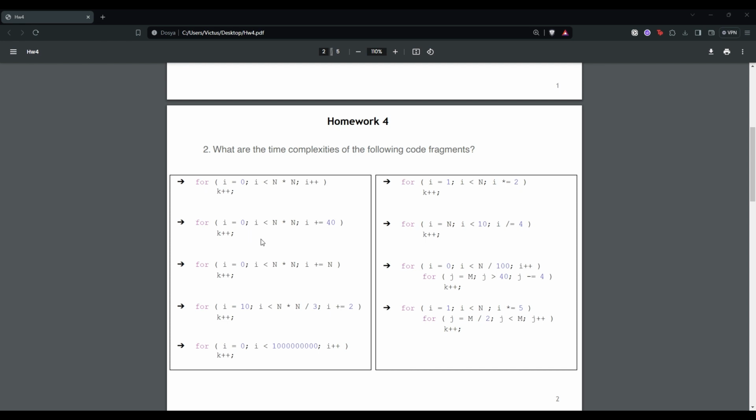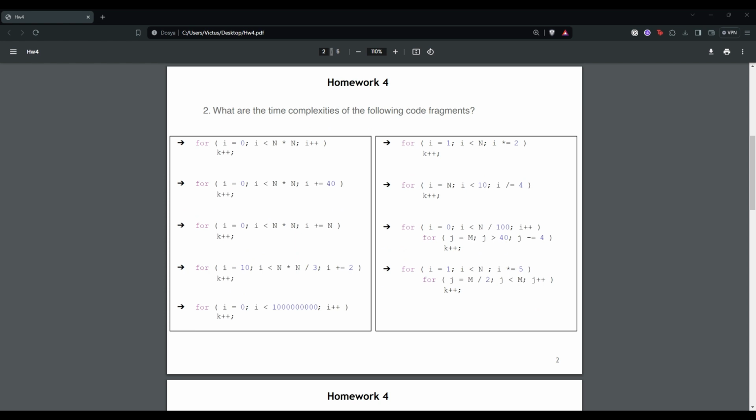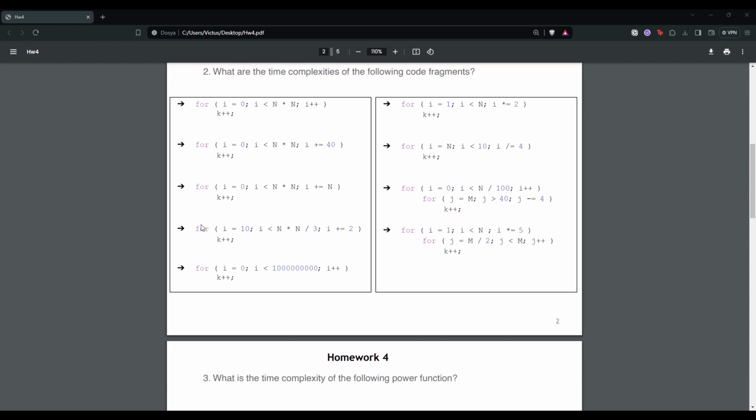Since it's a constant factor of n squared, it doesn't change the overall time complexity, which remains O(n^2). Let's continue with the third one here. This loop iterates n times, just n times. The time complexity is O(n).